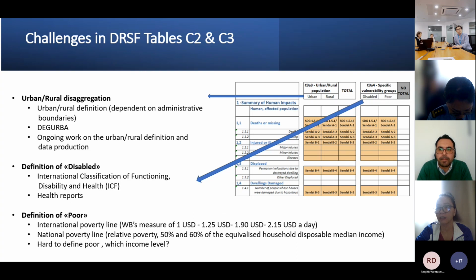That is just one of the comments I have. You can use the national poverty line for your internal government purposes, and then maintain the international poverty line to have comparability if you intend to compare across countries. So that's just one point that I want to raise in terms of this particular column where you have this hard to define group and which income level.